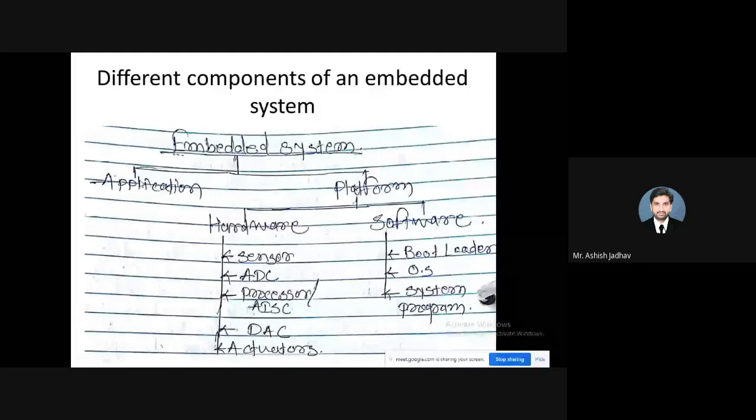Do you know any embedded system platform? I have discussed with you regarding this as part of content beyond syllabus: different embedded system platforms.